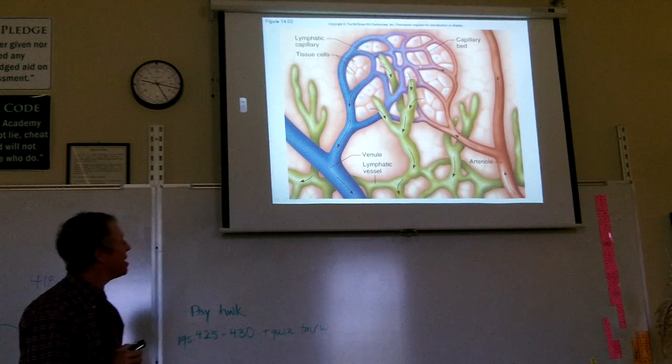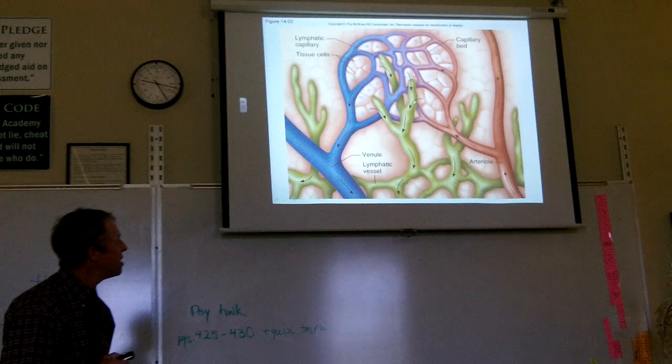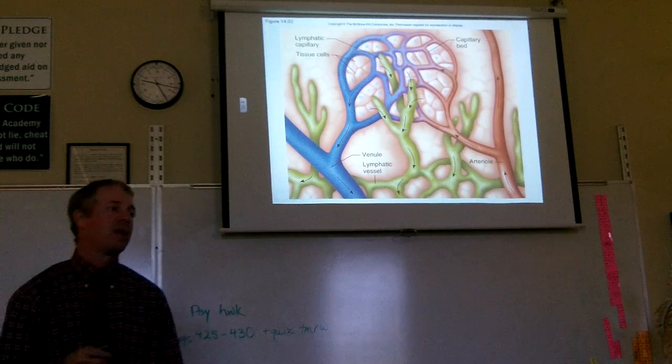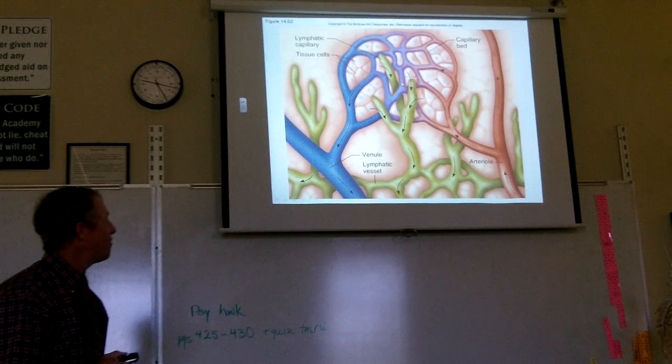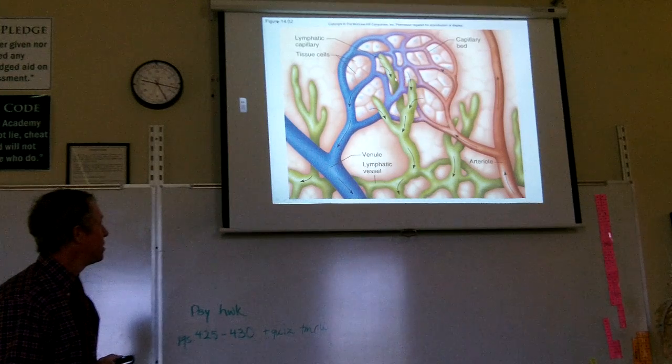Now, what you probably didn't know is a lot of the water comes out of the blood vessels and washes over the cells and then goes into these green vessels here. They're not really green. They just draw them green in the book. But these vessels are called lymph vessels or lymphatic capillaries.